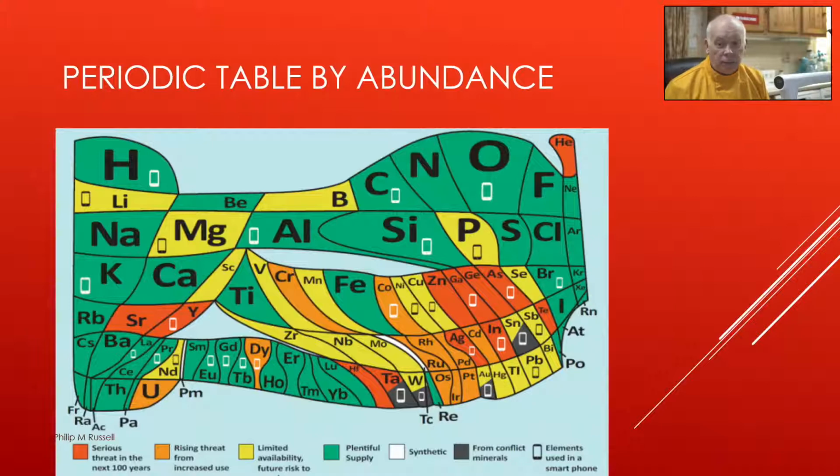And perhaps in a few years' time, we're going to have some problems trying to find some of these. We've got some of them highlighted there in orange and in red, and those we're going to find difficult to get hold of.